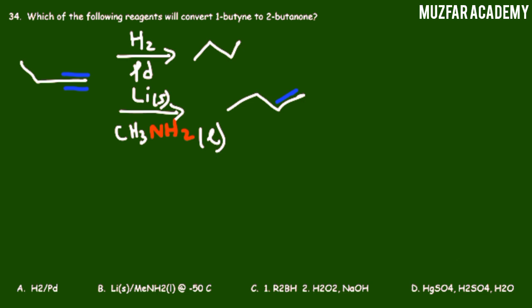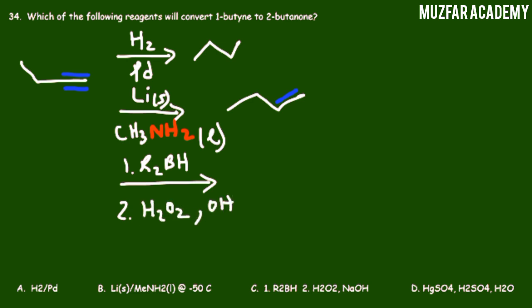Now, for the next one, we have hydroboration oxidation, but with an alkyne. We have R2BH, which works very similar to BH3. And in the second step, we have oxidation, hydrogen peroxide with sodium hydroxide.